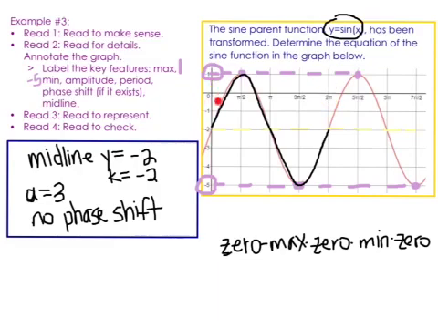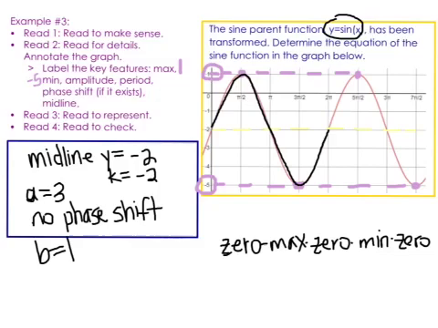And that's what my parent function does also. It goes from 0 to 2 pi. So then I know that I didn't have any kind of transformation for my horizontal stretch or my horizontal compression. So it lets me know that my b value is 1. So I can write that over here. B is 1.